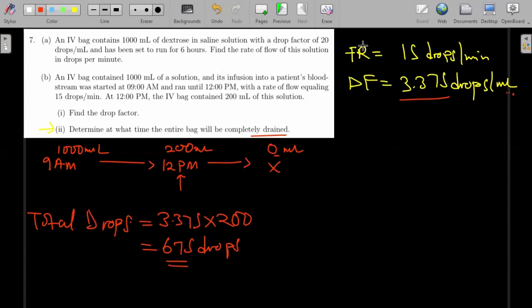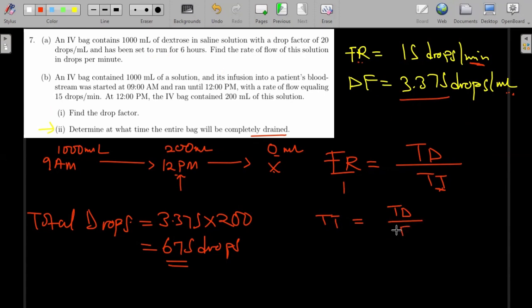And then the flow rate, we already have it. From the formula of the flow rate, flow rate is equal to the total drops divided by the total time. We're interested in finding this time, how long it takes from here to there. Remember, this flow rate is in minutes, so the time we find will be in minutes. Once we find that time, we can add it to 12 p.m. So total time is equal to total drops over the flow rate.